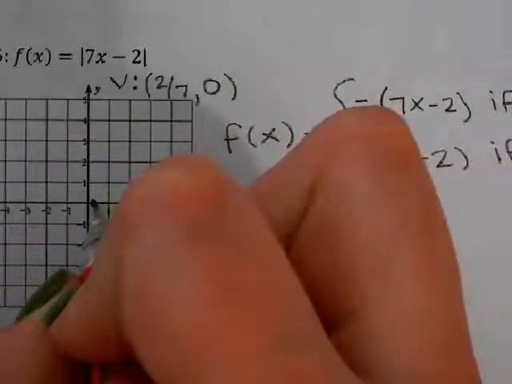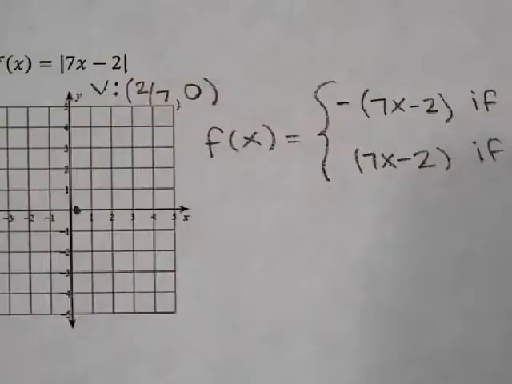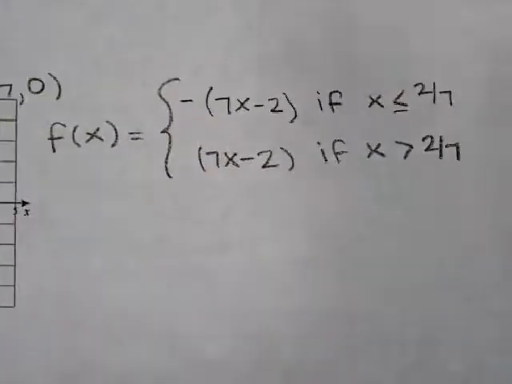So we have some simplifying to do. How do we do that? Distribute the negative. Okay, so if we distribute the negative, what do we get?